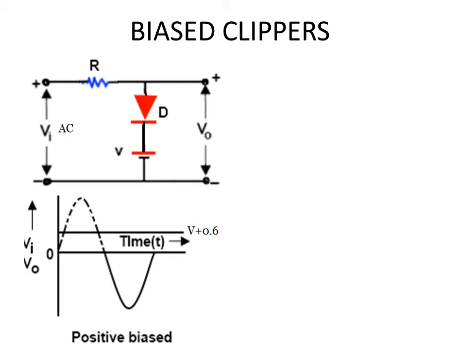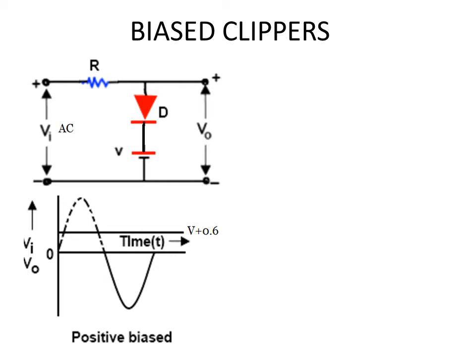Now what do I have to do if I want to clip this waveform at positive 5 volts? Already, because of the presence of the diode, the clipping is taking place at 0.6 volt. So if I connect an extra battery and adjust its potential, I will be able to clip the waveform at a particular value.